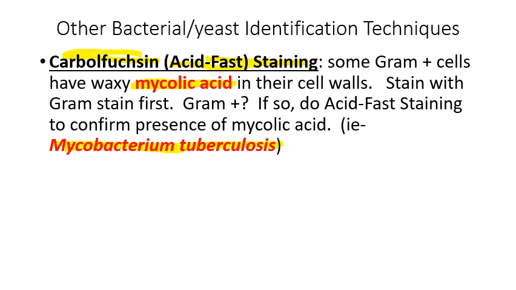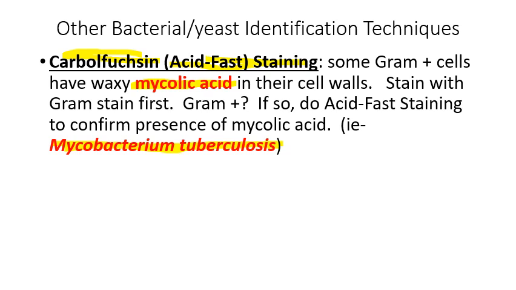Many antibiotics will specifically kill one type of bacteria but not others. So there are specific antibiotics that we have to use to cure somebody of tuberculosis. But first we have to identify or prove that they are actually infected with Mycobacterium tuberculosis.